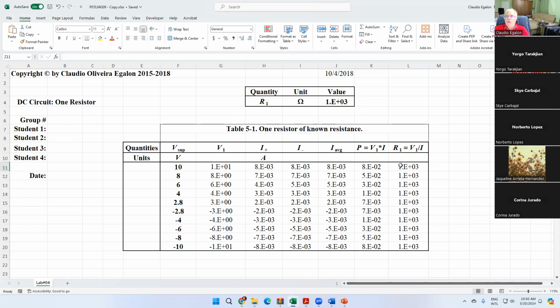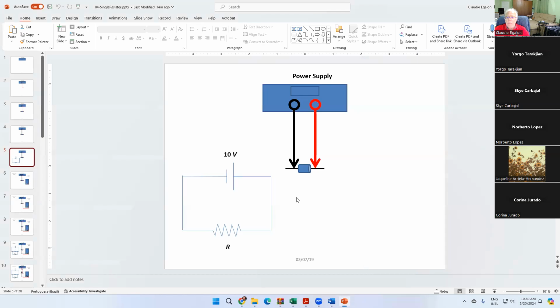Once we measure the resistor value with the multimeter, we log it right in here in the spreadsheet. Don't forget to put the units, right? This resistor here has 1197.8 ohms. Make sure you display it with the proper significant figures. And we start with our power supply at 10 volts.